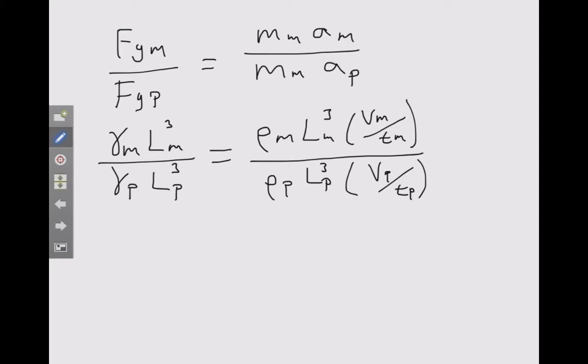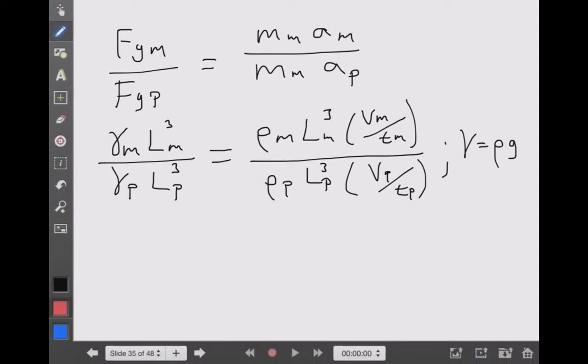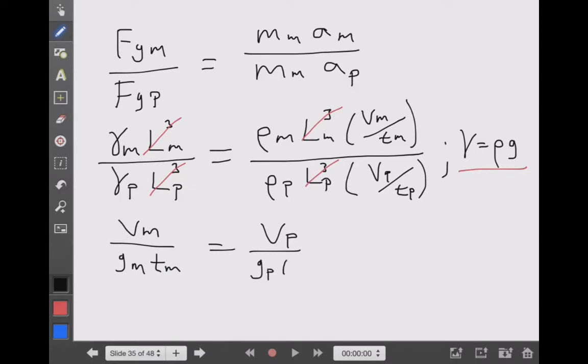So the question is, how do these things scale, and what do we get out of the scaling? So if we reduce this, remembering that gamma equals rho times g, we're going to get g in the equation. We note that these things cancel from both sides, and the densities are going to cancel, and all we're left with out of this is Vm, if we write this on the other side, gm times Tm is going to equal Vp, after some rearranging here, gp over Tp.